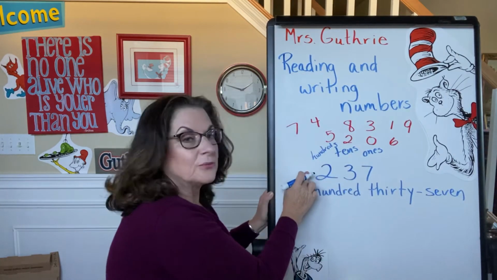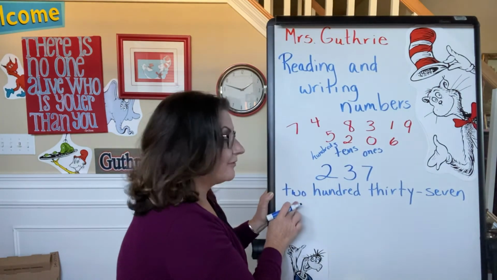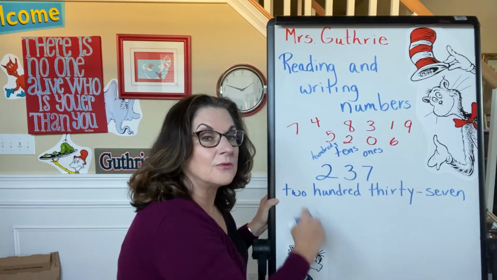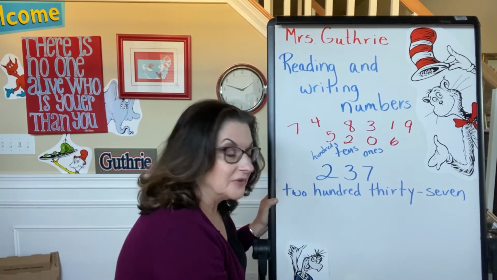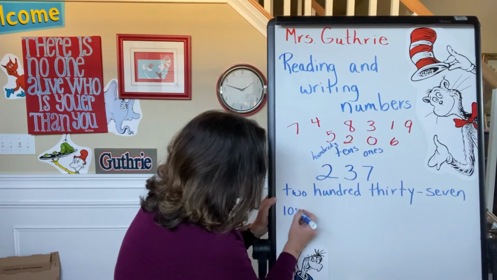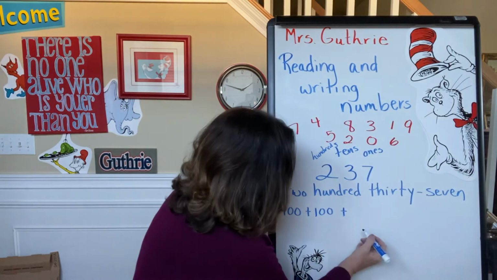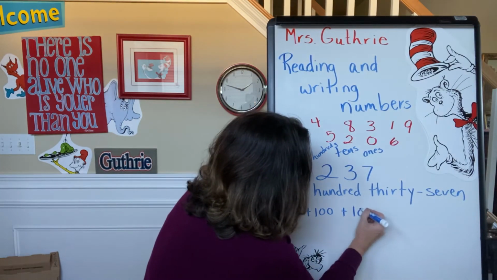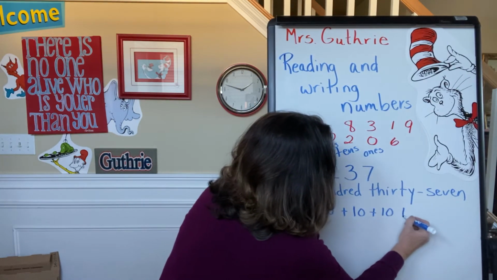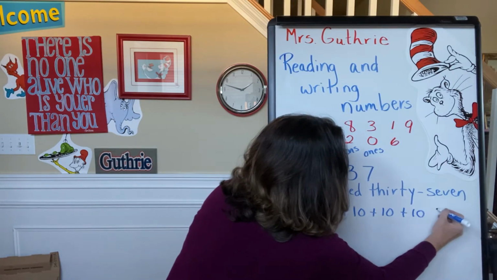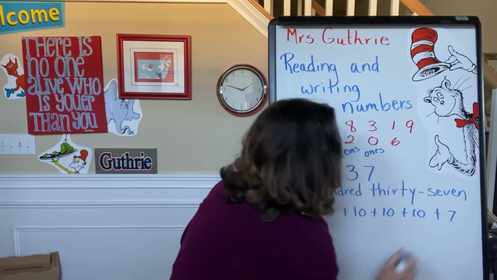So I've written it in numerical form, I've written it with words, and I can write it in expanded form. So that would be 100 plus 100 plus 10 plus 10 plus 10 plus 7.